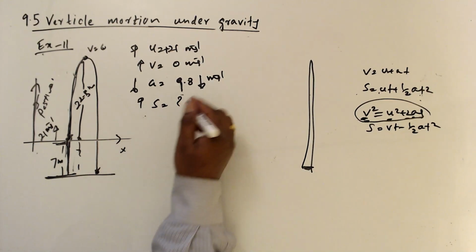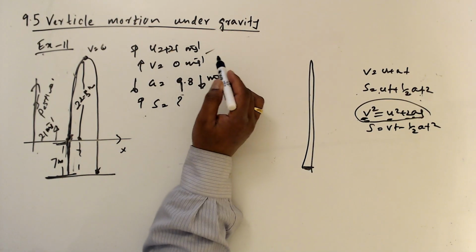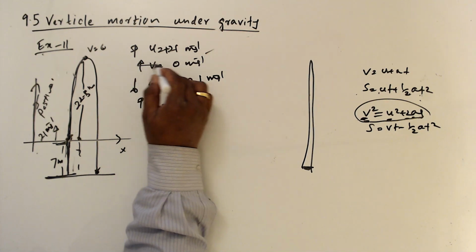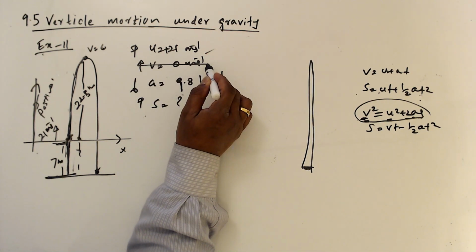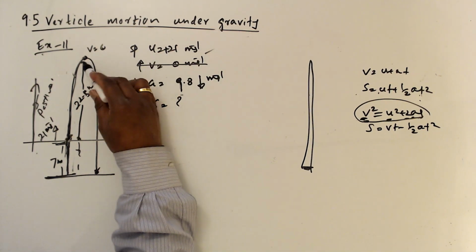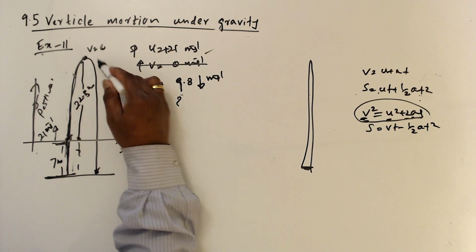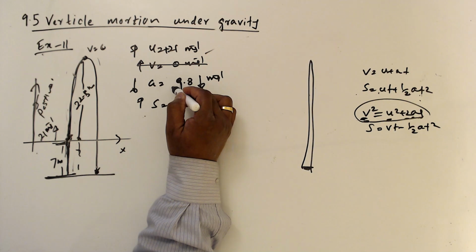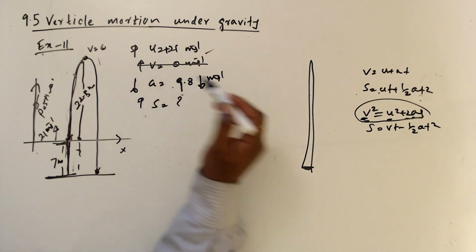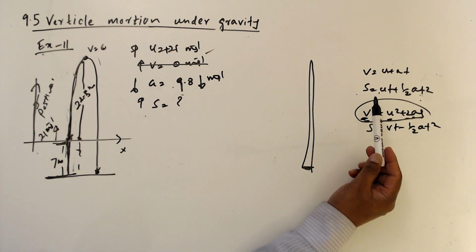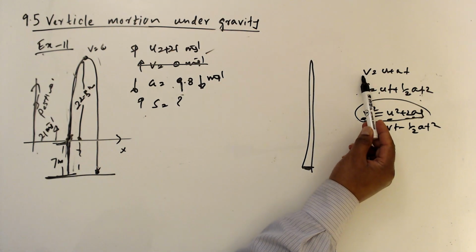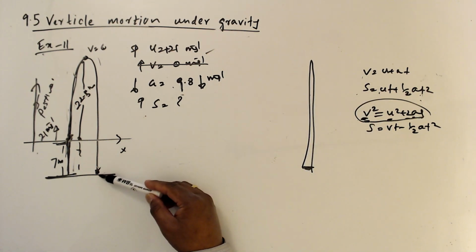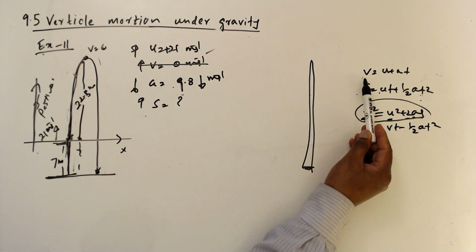So v is still the same. Now this v is valid, but we don't need that because we are considering the whole journey. So we have two data, but for this equation we need time. So we don't know the hitting speed, so this is invalid.